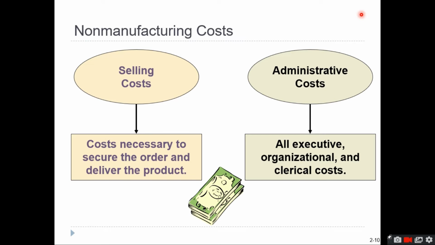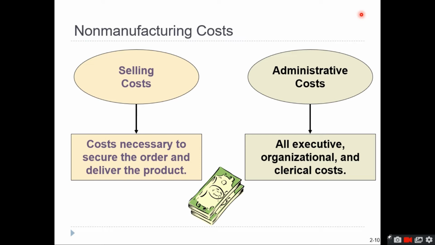Now we go to our non-manufacturing costs, which are usually classified as period costs. These are items that are not related to the manufacturing of the product, but they are necessary in order for the company to be able to either sell the product or manage its operations.